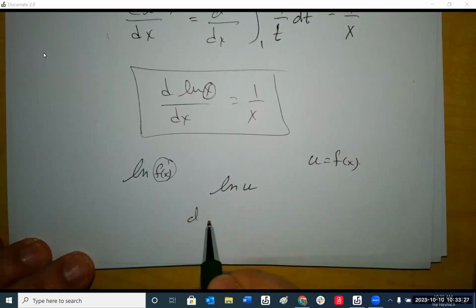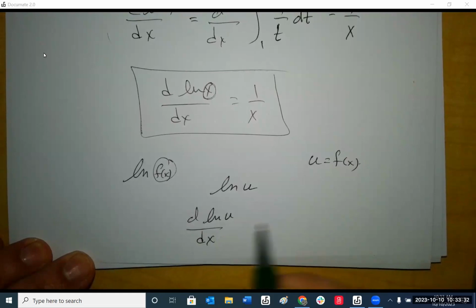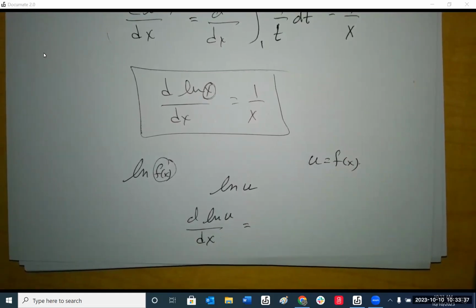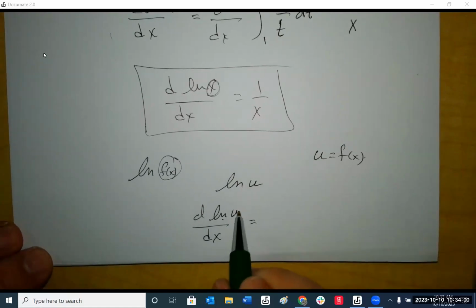So the derivative of ln u with respect to x. Remember, we have to do it in two parts because we have to take the derivative of the ln, and then we have to take the derivative of the function. So what's the derivative of ln? 1 over whatever this is.